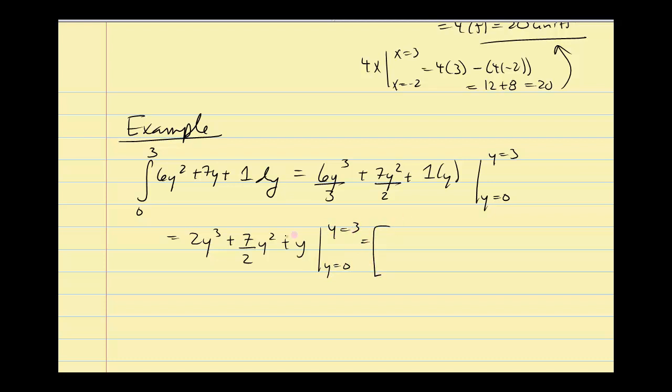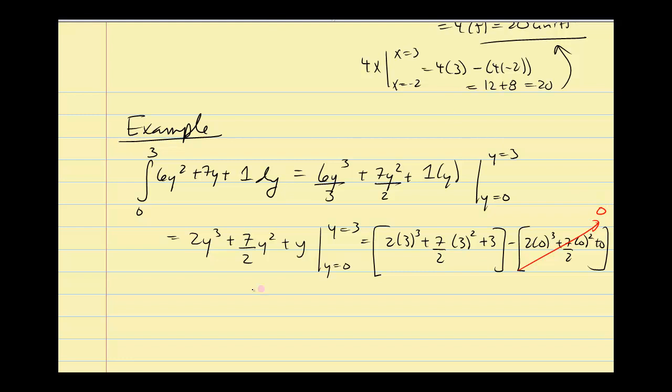Our upper is 3, so I have 2 times 3 cubed plus 7 halves times 3 squared plus 3 minus our lower, which is going to be 2 times 0 cubed plus 7 halves times 0 squared plus 0. Now this entire lower piece goes to 0, but I should always check it.